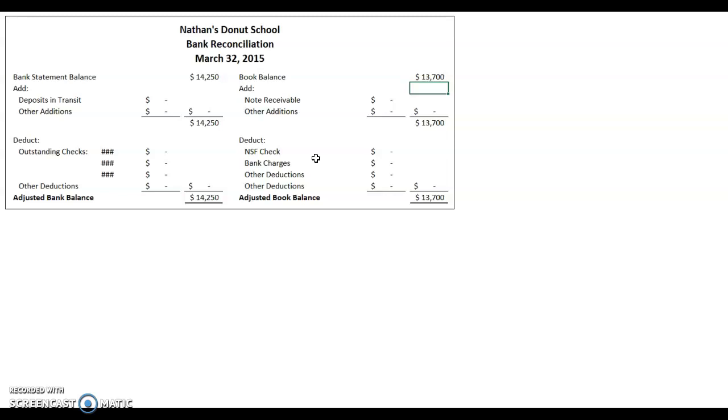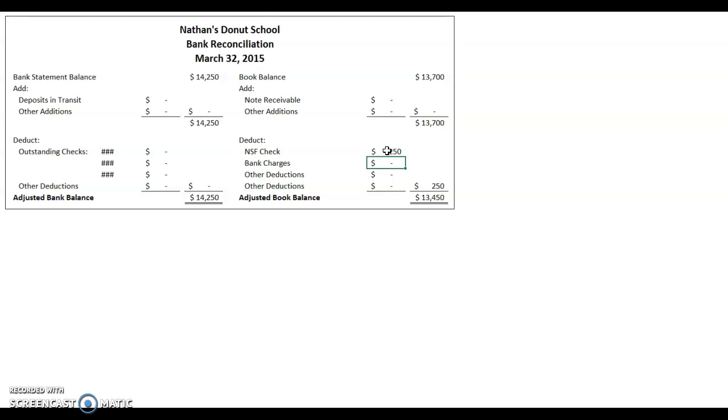So I'm going to have to make the adjustment for that on my books, on the side of my reconciliation where I would not know about the item. So we had an NSF check of $250. Non-sufficient funds. There wasn't enough funds in my customer's account for that check to go through.